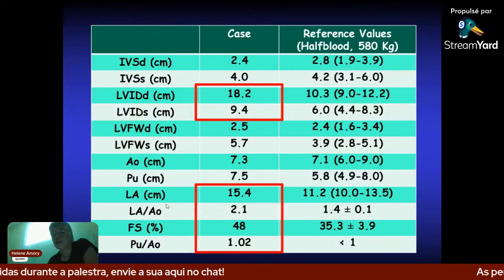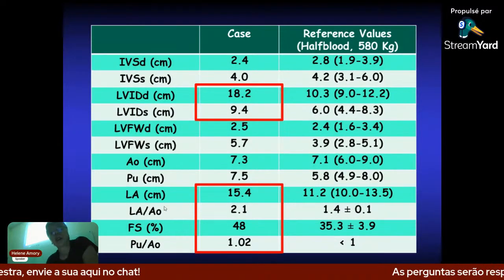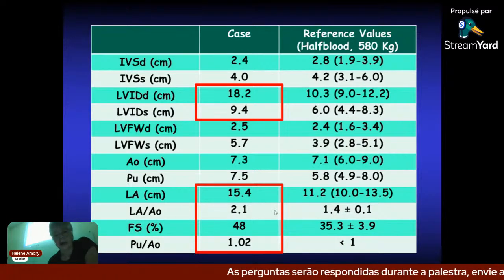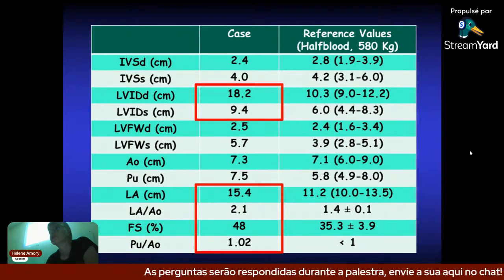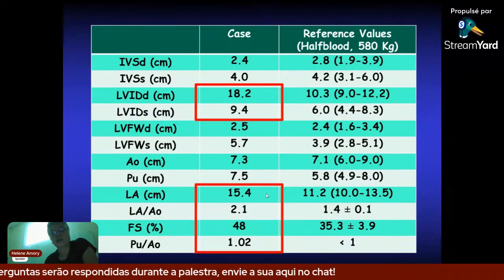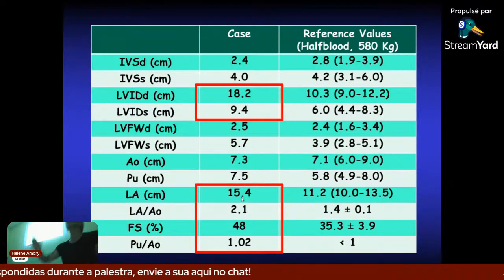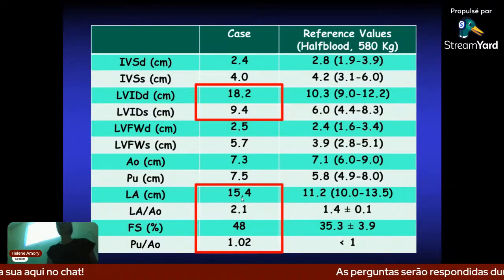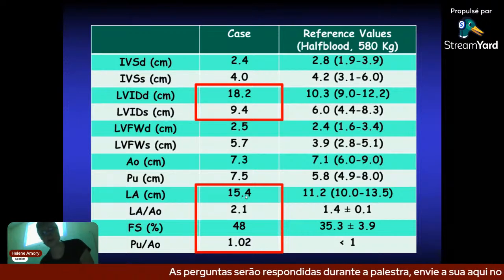The left atrium also is very severely enlarged. And the ratio between left atrium and aorta, and the ratio between pulmonary artery and aorta, is also increased. The diameter of the pulmonary artery is a little bit higher than the aorta, completely abnormal. And I have a left-sided problem, okay.